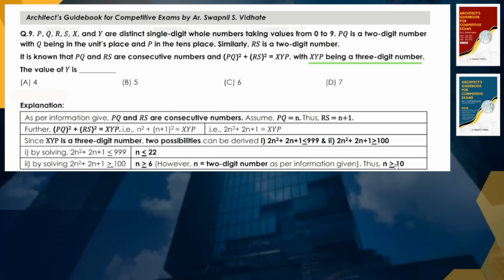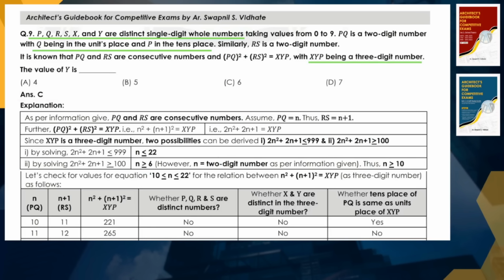So what is the range of the values? N will be either equal to 10 or greater than 10, and it should be equal to or less than 22. So the range is 10 to 22. So we will put these values of N, ranging from 10 to 22, in this relation.